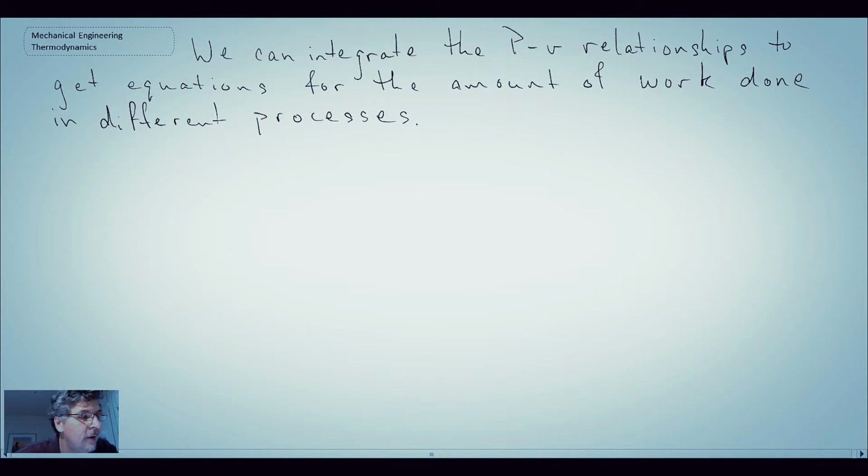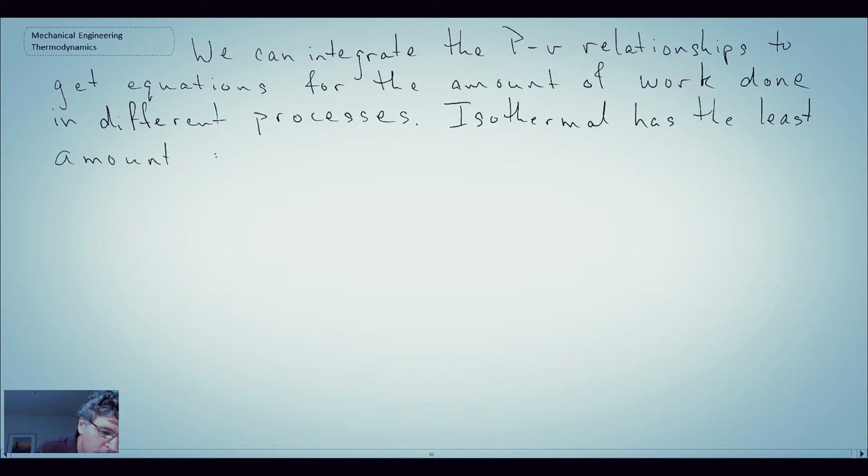And what we find after doing that is the isothermal process requires the smallest amount of work, while the isentropic requires the most.